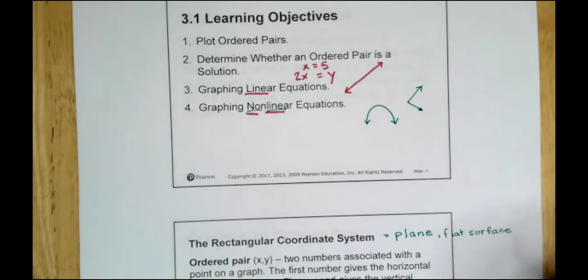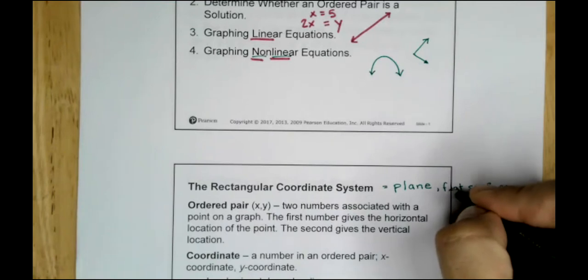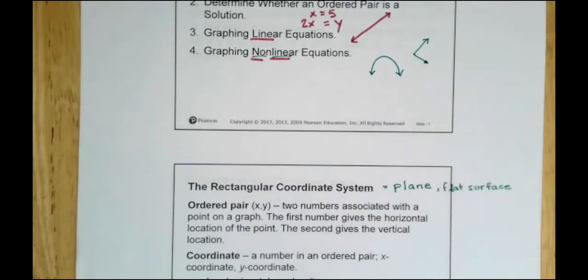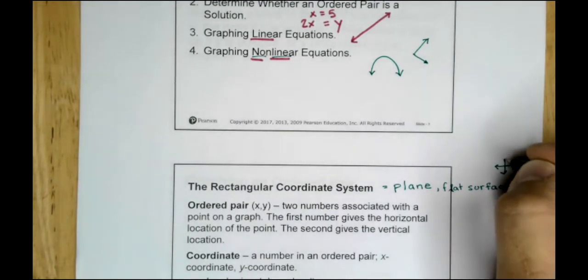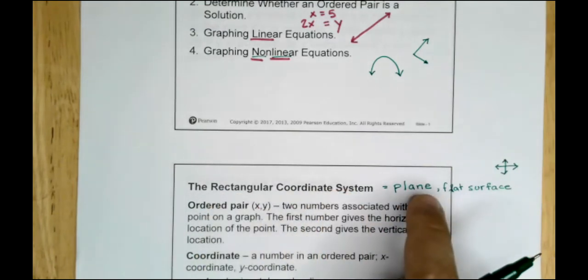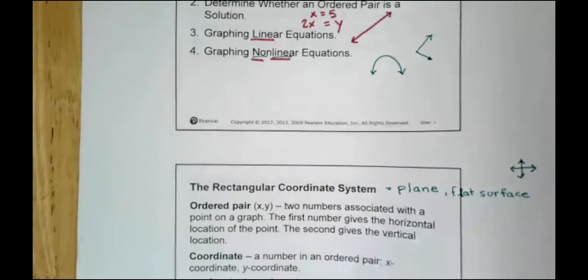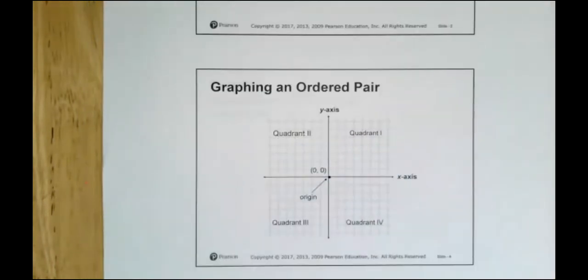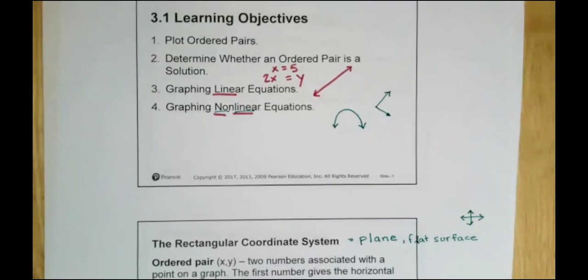A plane is a flat surface extending forever in 4 directions. Here are the 4 directions. So when we see a plane or a coordinate system, or we're talking about graphs, imagine something that looks like that. That is what we are talking about.